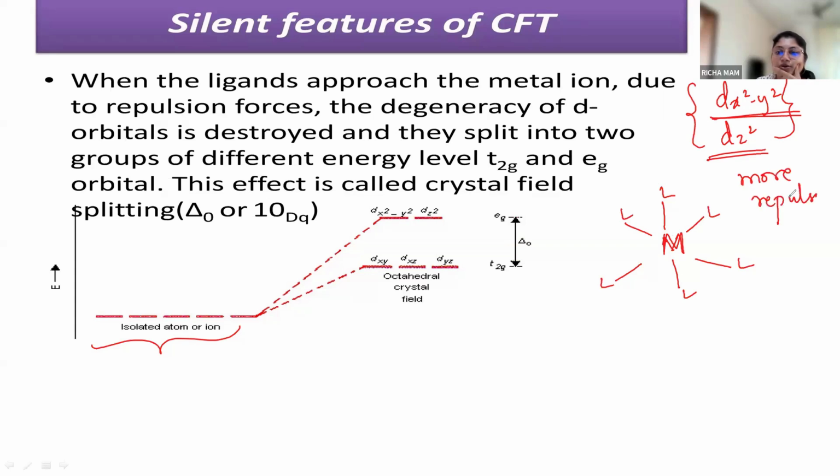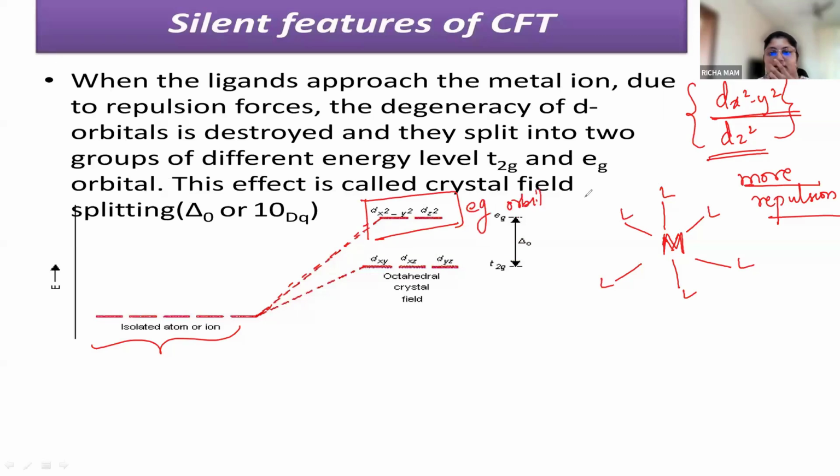Because of more repulsion, their energy will increase and they will occupy the upper level, and they will give rise to the EG orbitals.